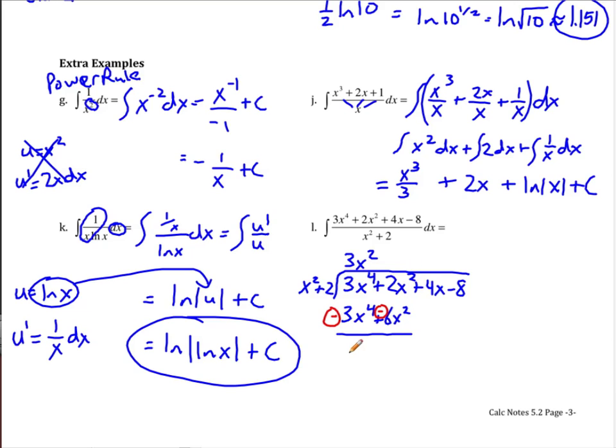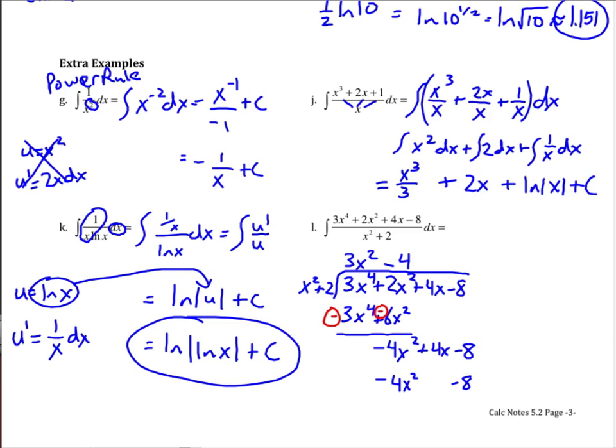Okay, which leaves me with 0 here, and negative 4x squared plus 4x minus 8. And now we say x squared goes into negative 4x squared how many times? Well, negative 4 times. So now we get negative 4x squared, and then negative 4 times 2 is negative 8.